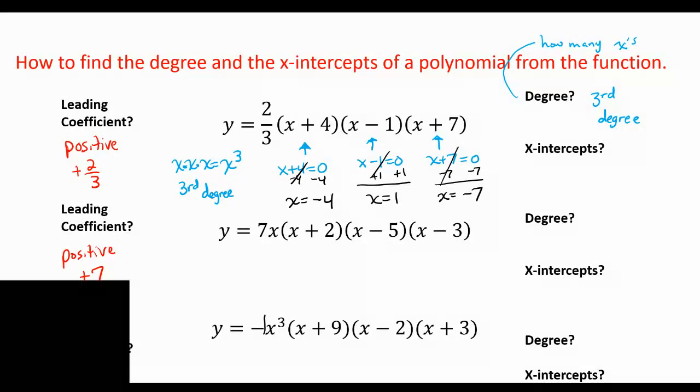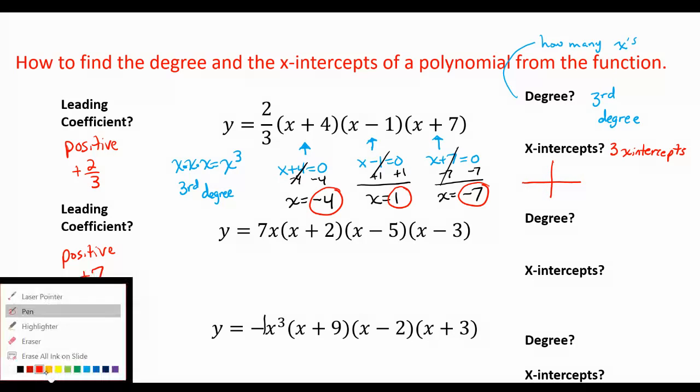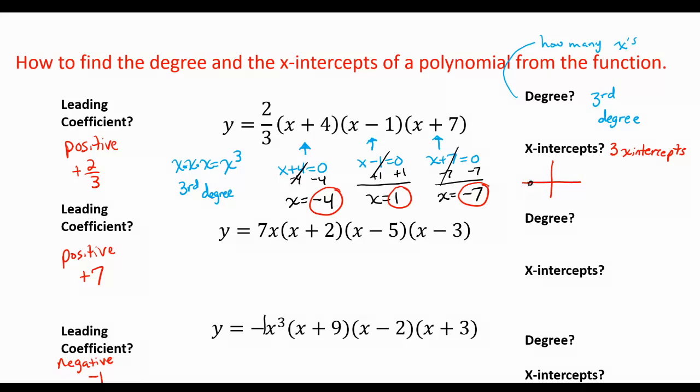So the x-intercepts, there's 3, specifically at -4, at 1, and at negative 7. So on the graph, you would have had dots at negative 4, 1, and way out here at negative 7, right?